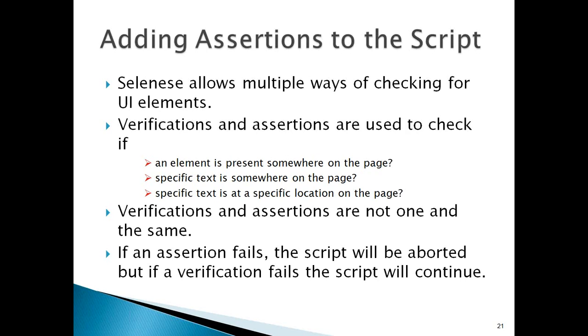If you are using an assertion and it's not finding the relevant value on your console, it will abort the script. It will not execute the remaining steps after that specific failed step. But if you are using verification points, it will simply log the errors on your console and continue with the execution of the remaining steps. Clear, guys, in this? Any doubt?